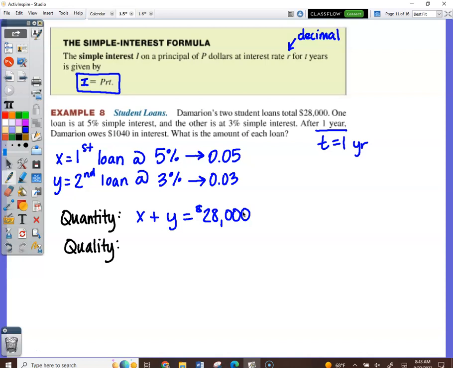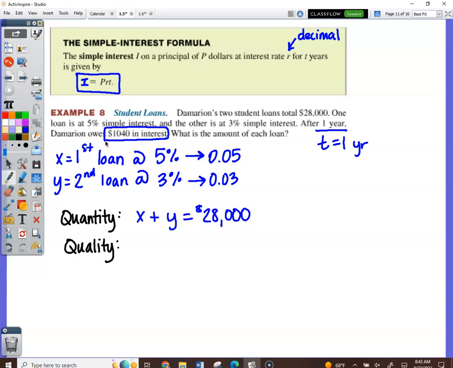Okay, the next one is going to come from: after a year, he owes this much in interest. This is telling you the quality of what each loan's interest rate has valued up to be, and it values at $1,040. So I'm going to write the equation, and then I'm going to explain where it came from. And this is the same way every time.